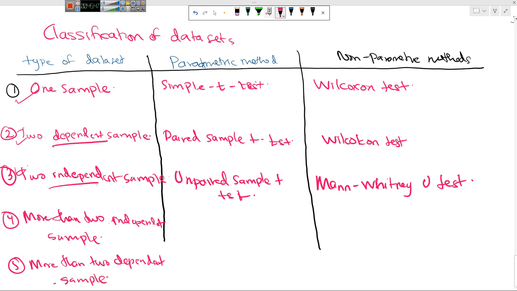For more than 2 independent samples, we may use the one factorial ANOVA test, and under non-parametric methods we will use the Kruskal-Wallis test.